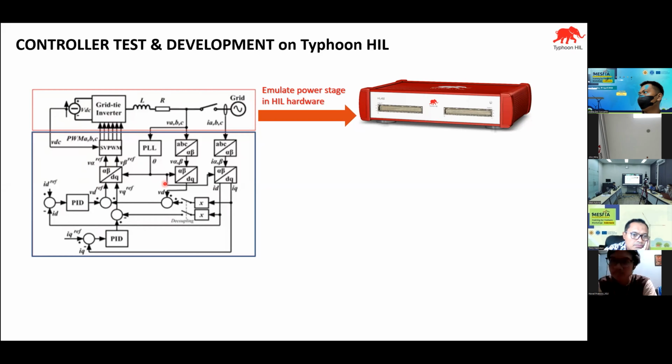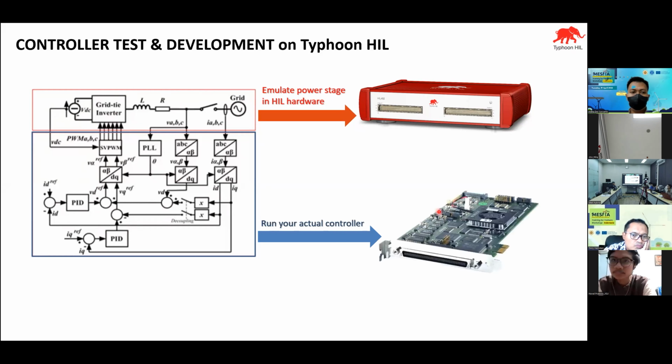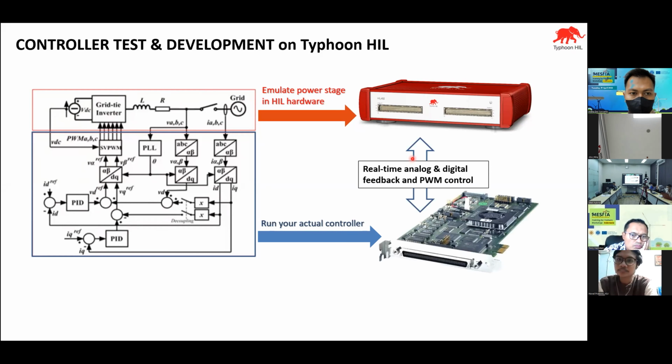For this algorithm, you will load it into your controller. This is your actual controller, and then you connect the controller to the Hue, and it will run in real time. The dangerous, high power portion is emulated here, and you connect your actual controller so you can run it in real time.